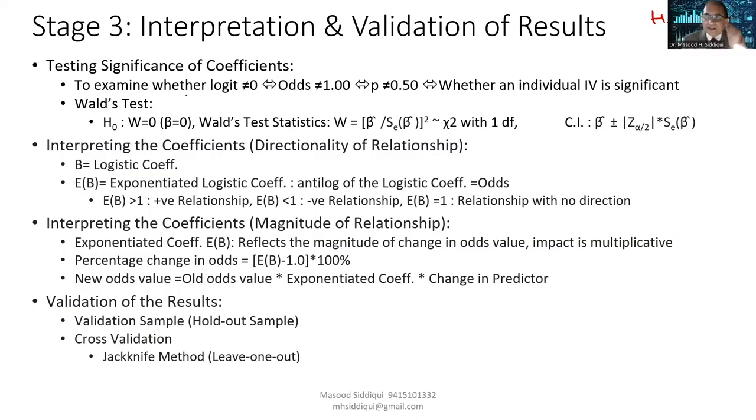But here, instead of the beta coefficient, we consider the Wald statistic, which is simply the square of the ratio of the beta coefficient and the standard error of the beta coefficient. So this is the objective: testing the significance of the coefficient to examine whether the logit is zero or not.